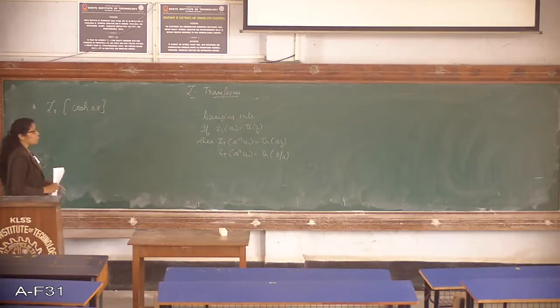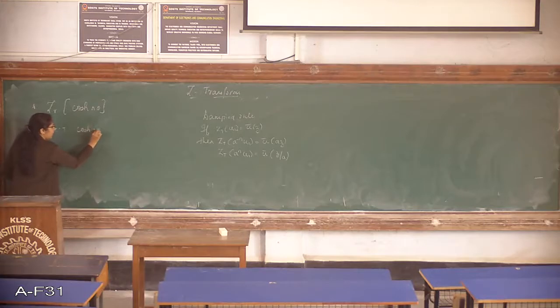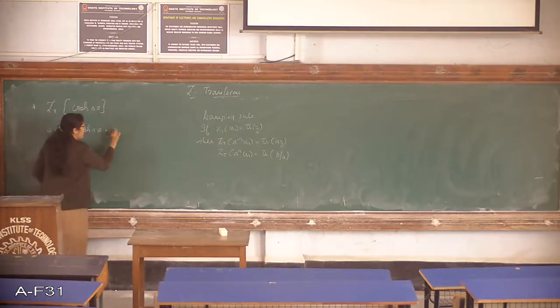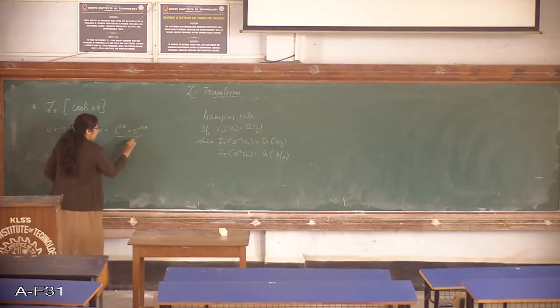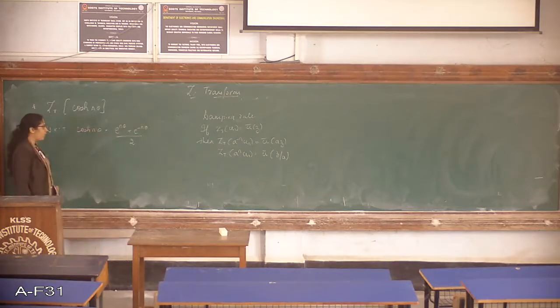So let me make use of the damping rule and find the Z transform of cos hyperbolic n theta. We know that cos hyperbolic n theta is given as e raised to n theta plus e raised to minus n theta divided by 2, the basic definition.